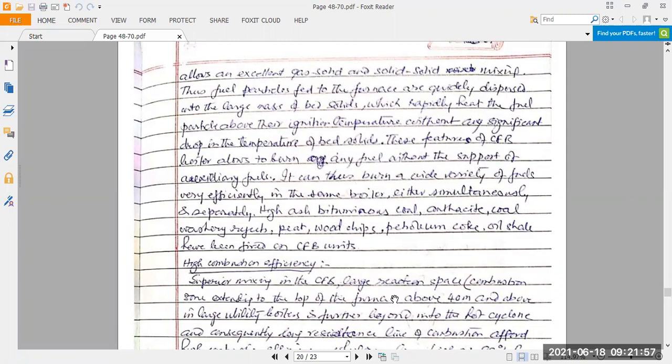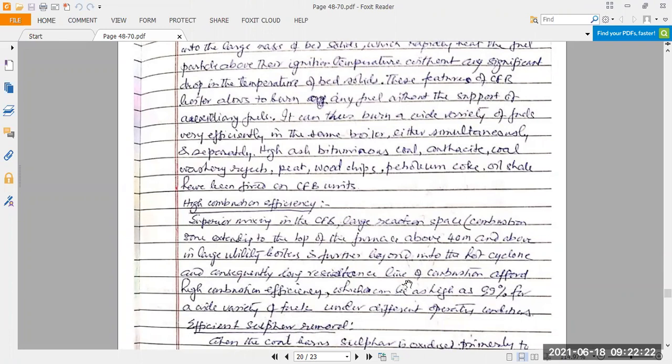If the capacity is high, the combustion will be good. In large boilers it extends to the top, 40 meters above. So the furnace is very big here, and beyond it there is the hot cyclone, and consequently a long residence time of combustion affords high combustion efficiency, which can be as high as 99%, with a wide variety of fuels under different operating conditions.